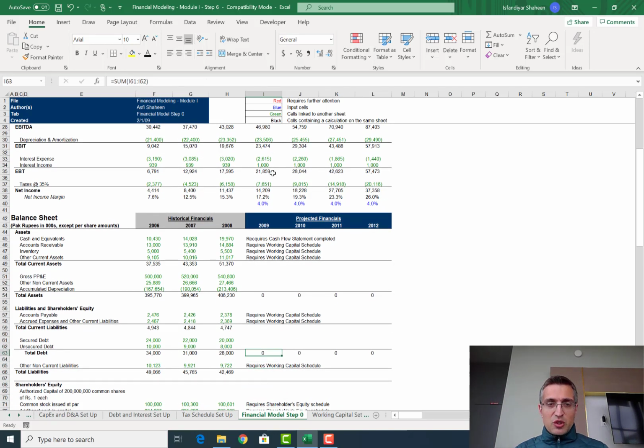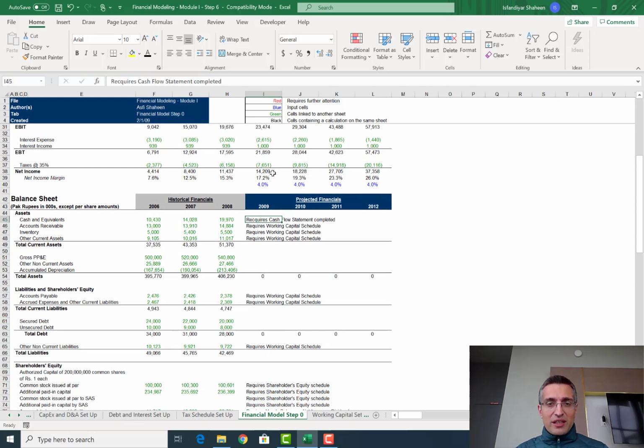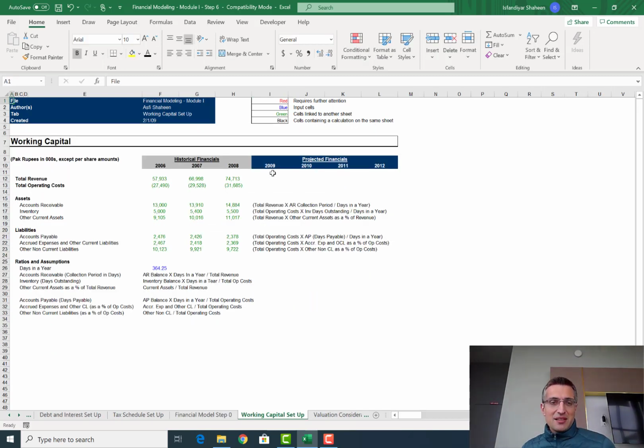We've got the secured debt and unsecured debt already forecasted in the debt and interest schedule. But we haven't done working capital and we haven't done shareholders' equity. So let's first do that before we start our journey with populating the balance sheet. So working capital.